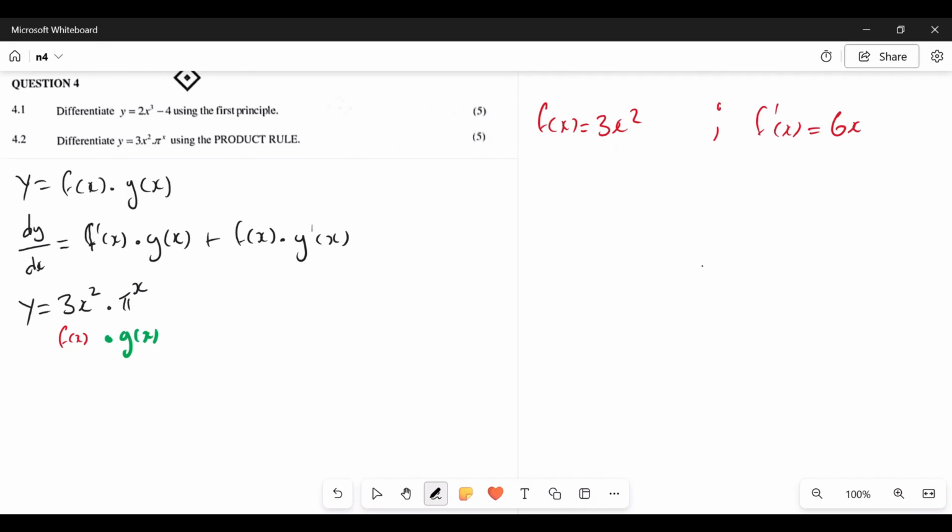Now let's do the other one, which is g of x. So g of x, we said, is equal to pi to the power of x. Before you derive it, this is an exponential derivative because x is the exponent there. g prime of x is going to be the following: pi to the power of x multiplied by ln pi.